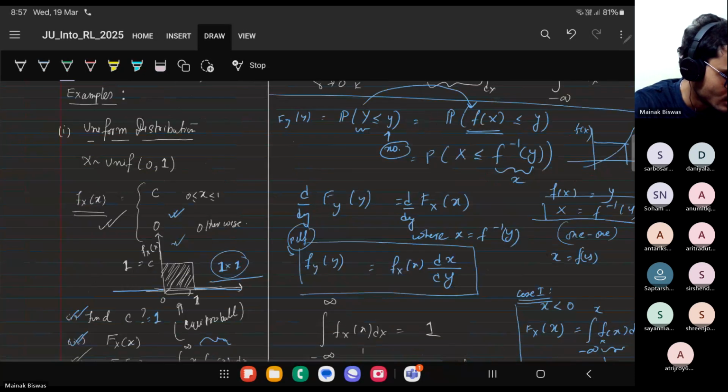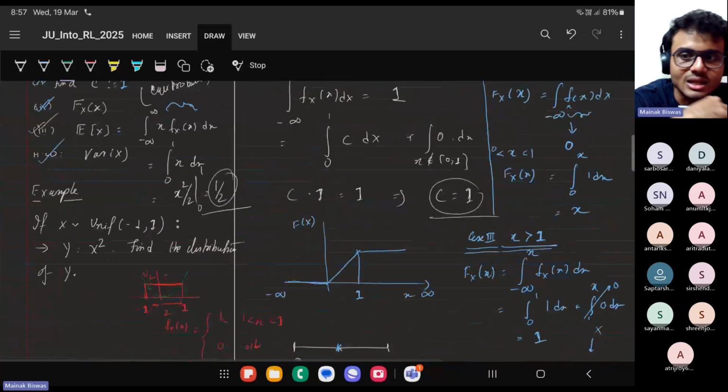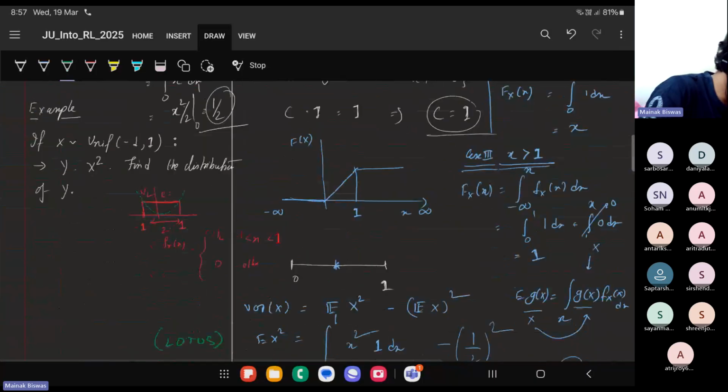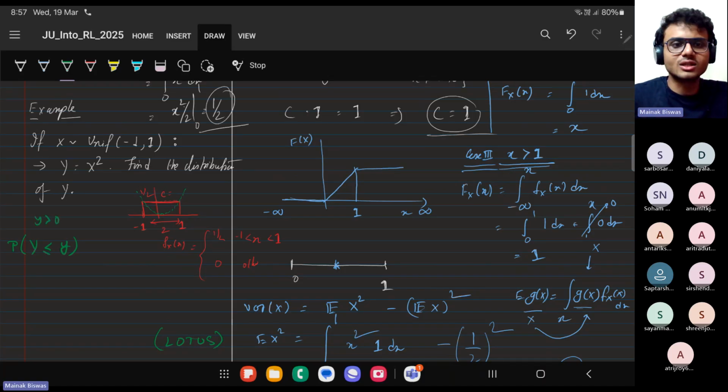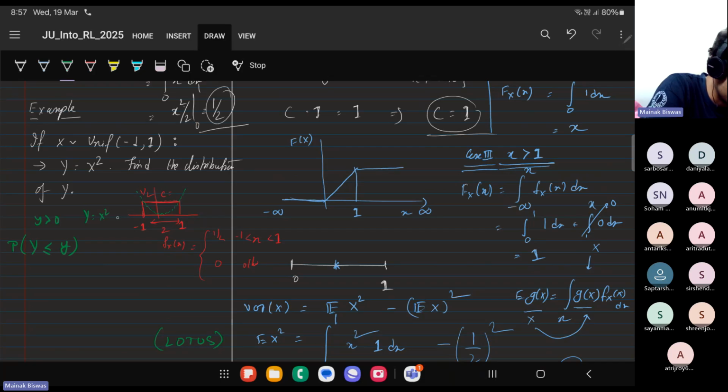Fine. So what will we do? Let's do it step by step. Say the CDF is the probability that Y is less than y. Y has to be greater than 0, since Y is x squared, so it is positive.